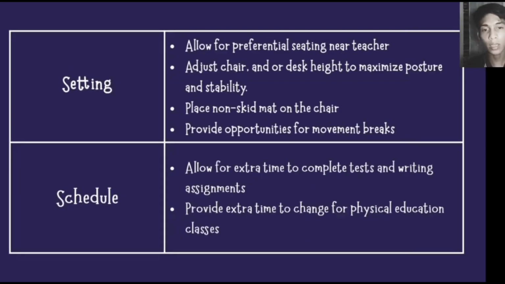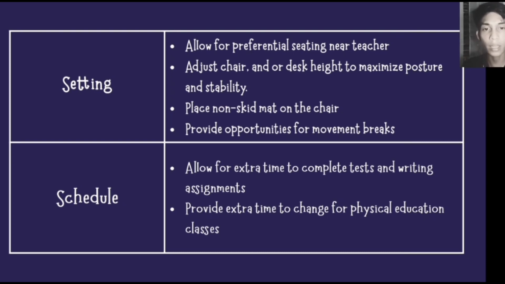Seating: the location where the learner with the disorder is to be placed. For the description, allow for preferential seating near the teacher so that the teacher can observe the learner right away and give what the learner needs, and can easily notice his or her needs immediately.